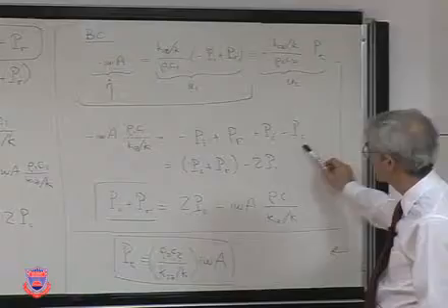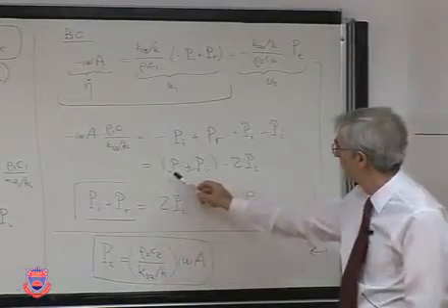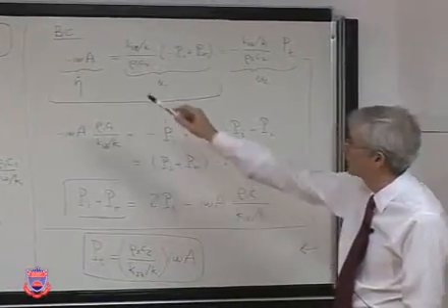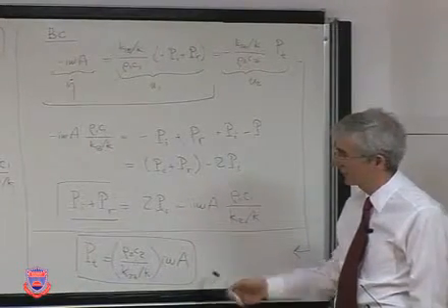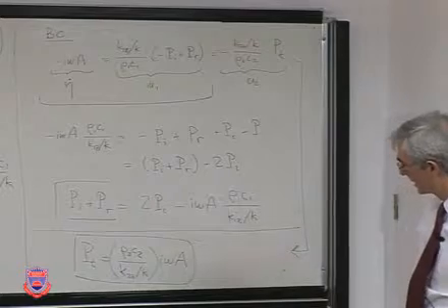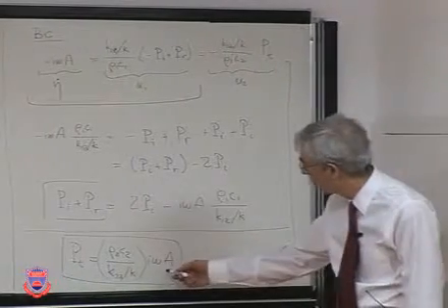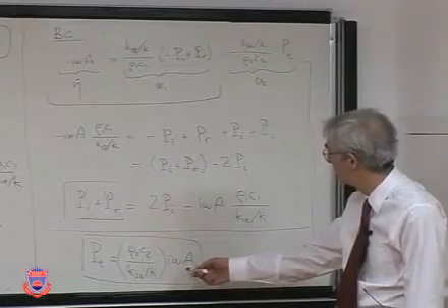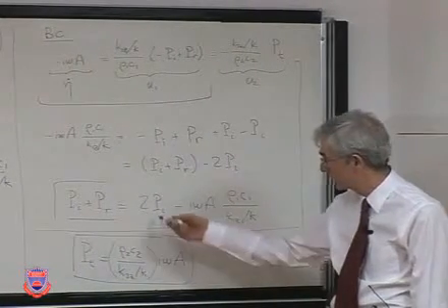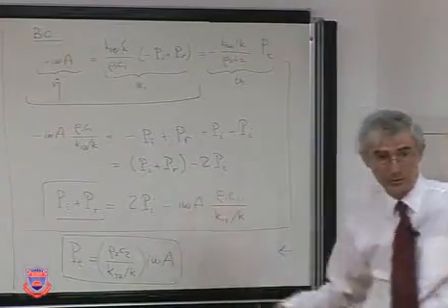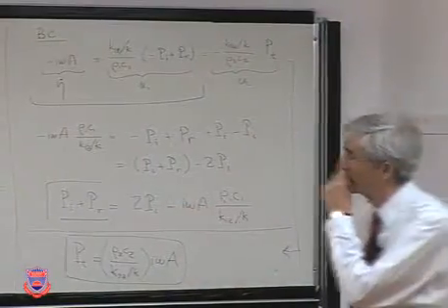We use a little small trick here to get this expression, pi plus pr. And then we also have a transmitted wave amplitude, all, if you notice, in terms of the amplitude of the plate vibration, and in this case also, of course, the known incident wave.